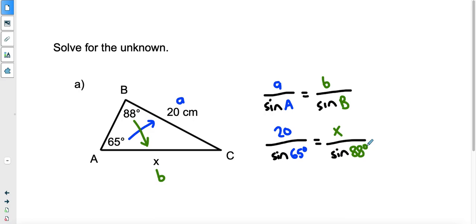In our example here, we're looking for x. To solve this equation for x, we can use opposite operations. Since we're dividing x by sine 88, to solve this, we can multiply both sides of our equation by sine of 88 degrees.